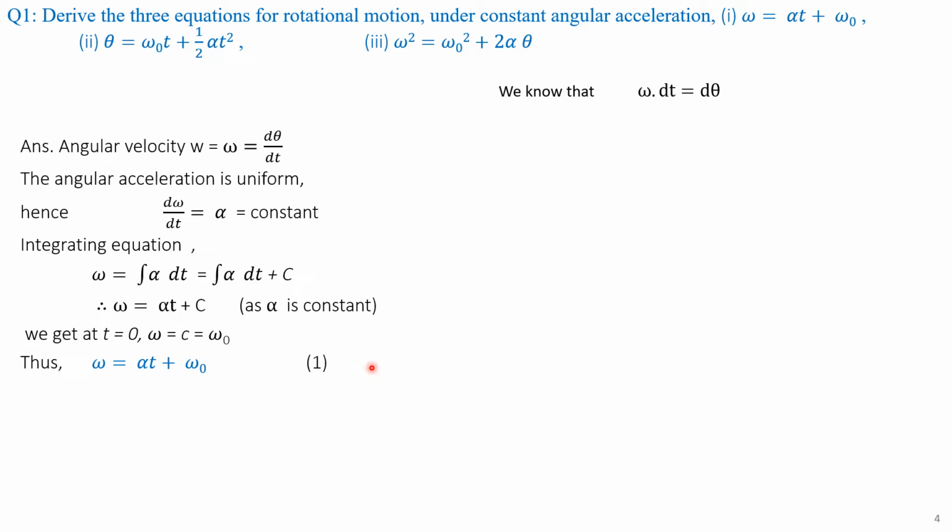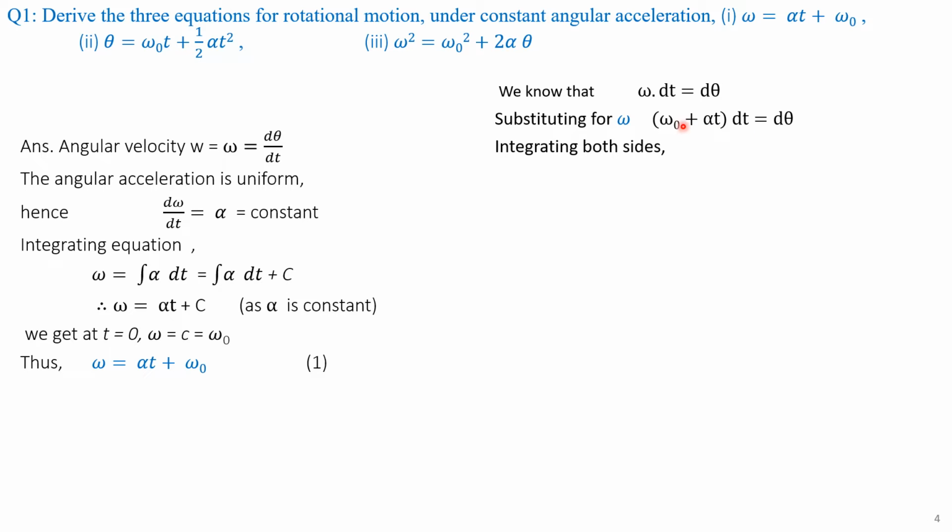Now we will derive the second equation. We know that omega into dt is equal to d theta. Now we will put the value of omega from equation 1, that is, omega is equal to omega naught plus alpha t. Therefore, omega naught plus alpha t into dt is equal to d theta.